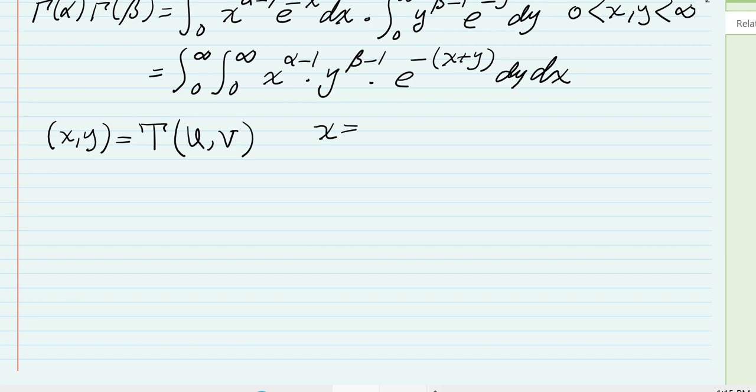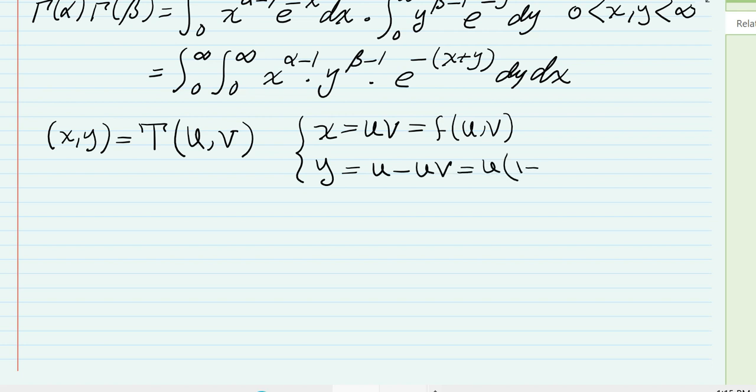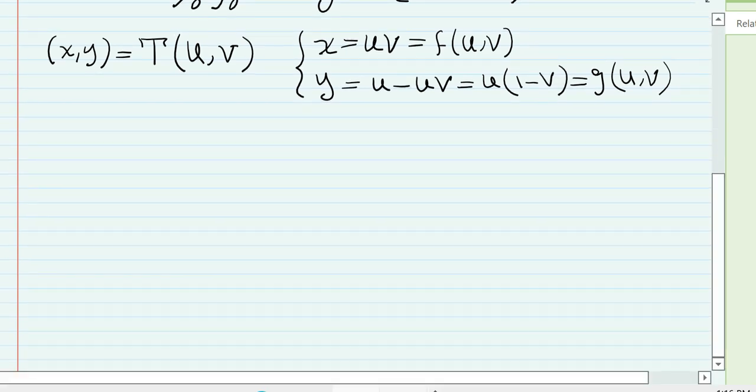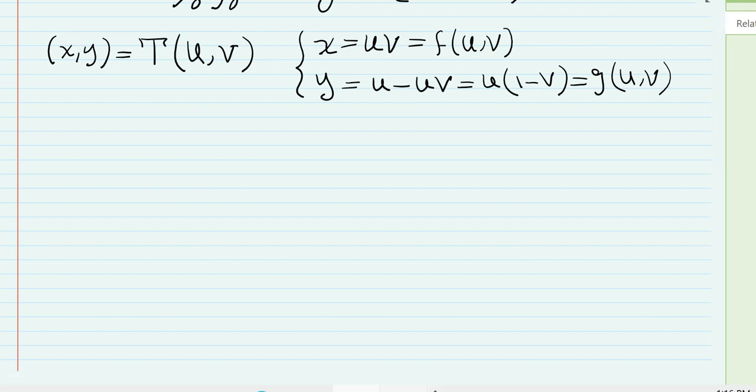For our transformation, we're going to let x be uv, a function of u and v. And we're going to let y, this is the most common transformation, be u minus uv, which can also be written as u times (1 minus v). So this is a different function of u and v. You can see that under this transformation, x and y are each transformed into a different region.